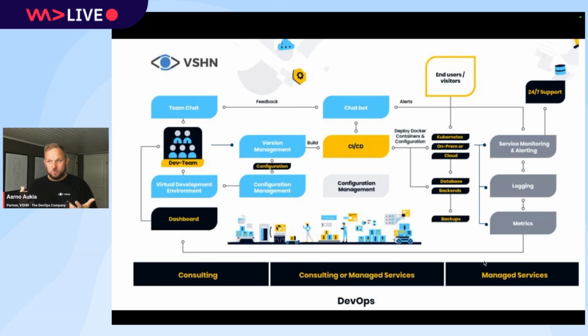And then, of course, automating all the boring operation stuff, starting with backups, but also monitoring, alerting, logging metrics, all of that, dashboards, giving the information from production back to development so that they know what they're doing.